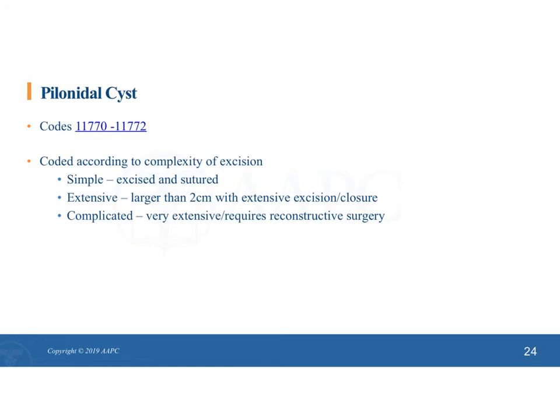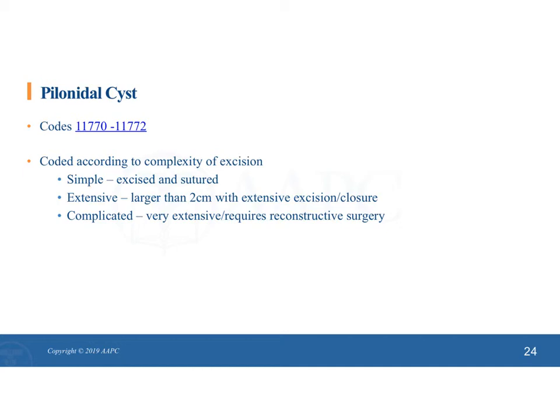A pilonidal cyst is a sac under the skin at the base of the spine that can become infected. When this happens, the physician will use a scalpel to excise all of the adjacent tissue. The codes for excision of a pilonidal cyst are divided according to the complexity of the excision, whether it is simple, extensive, or complicated.